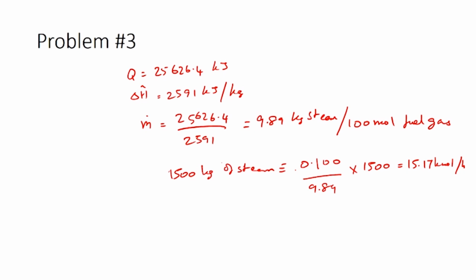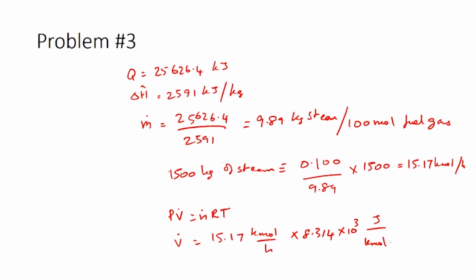We have also been asked to calculate the volumetric flow rate for this. So, using P V dot equals N dot R T, we can calculate V dot, which is 15.17 kilomoles per hour times 8.314 times 10 to the power 3 joules per kilomole Kelvin, times temperature, which is 773 Kelvin or 500 degrees Celsius, divided by pressure, which is 1 atmosphere or 1.013 times 10 to the power 5 pascals.